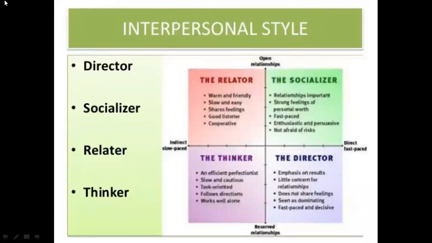Basically, these interpersonal styles are very important to persuade others, and with them we can easily inform people what we are doing and how we can communicate effectively with others.